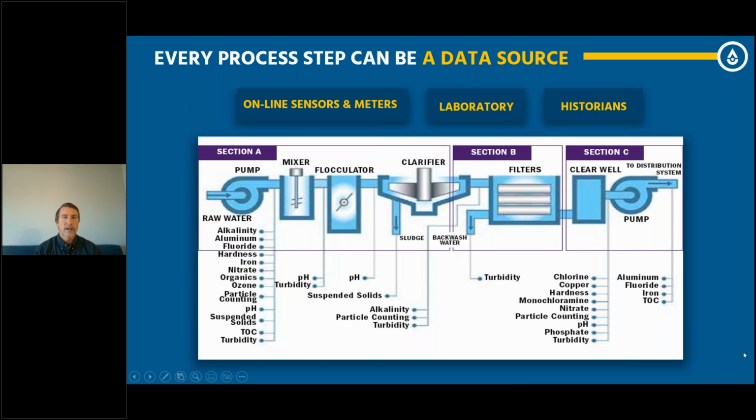So going from online sensors and the laboratory data and all the historical data and historians to bring it all together, not every plant is going to have every single data point, but every plant has important data. And some data, quite honestly, is only there for regulatory sake, because your agency says thou shalt test this, you have to test it.